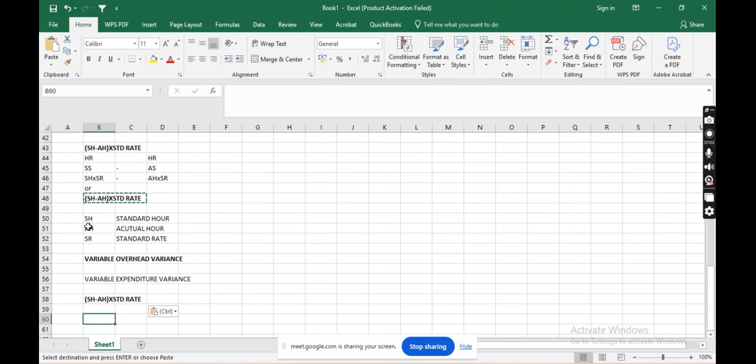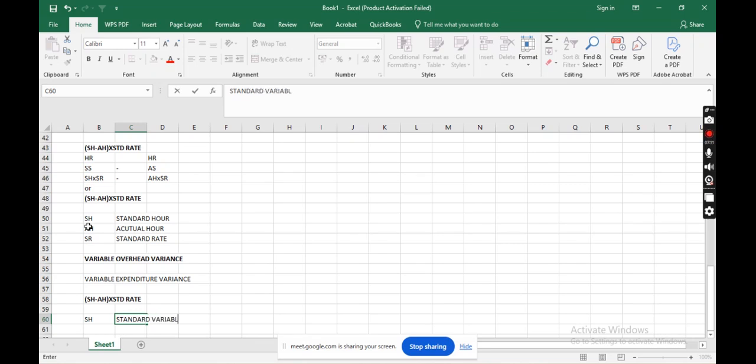Now, the SH is equal to standard variable. This is standard labor. Can you see? Let me differentiate it. So this will be standard variable overhead hour.